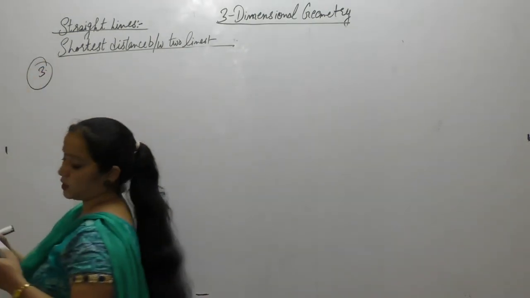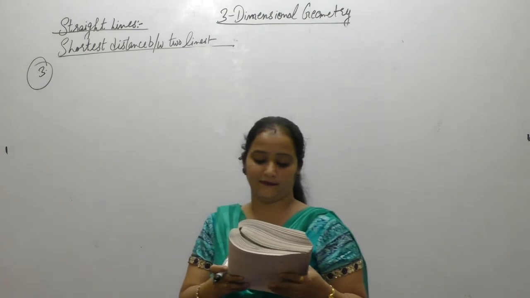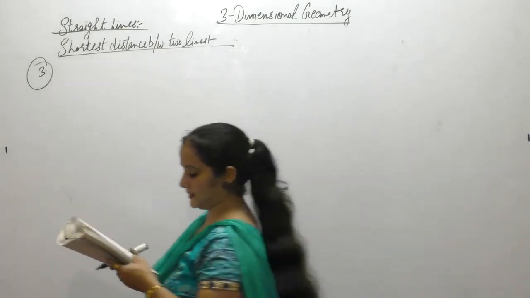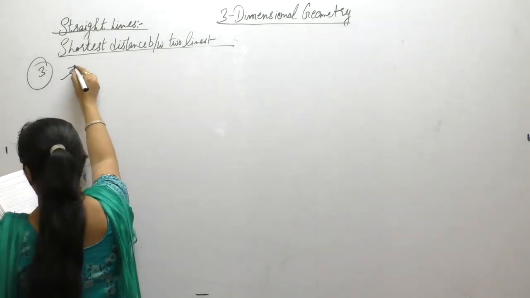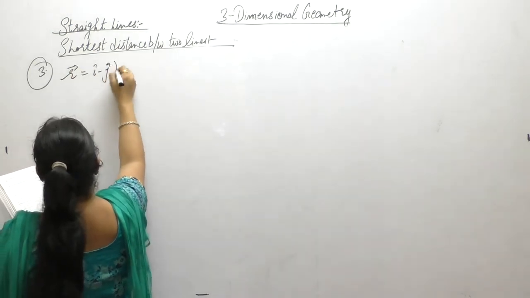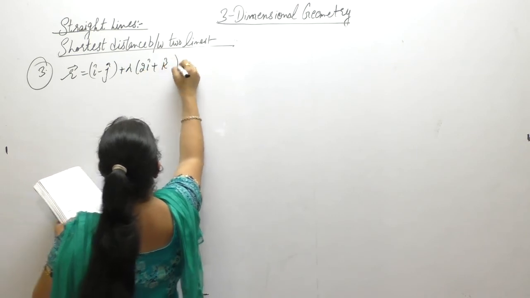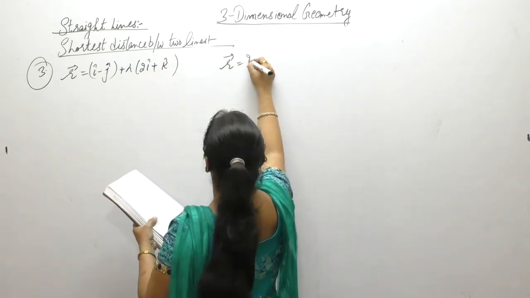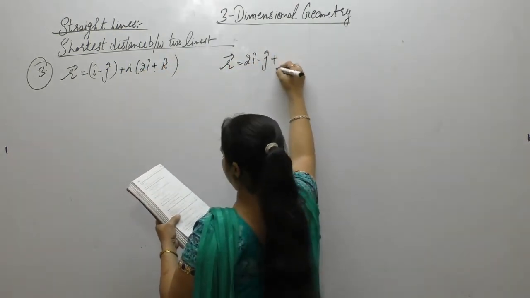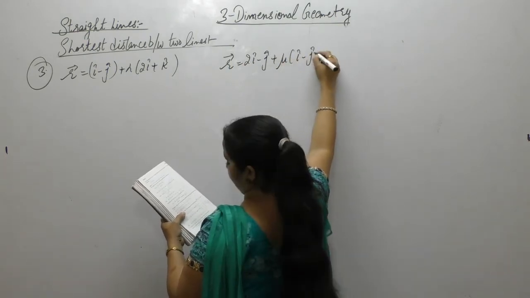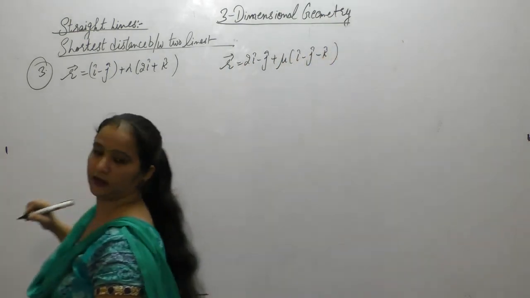By computing the shortest distance, determine whether the following pair of lines intersect or not. R vector is i minus j plus lambda into 2i plus k. R vector is 2i minus j plus mu into i minus j minus k.